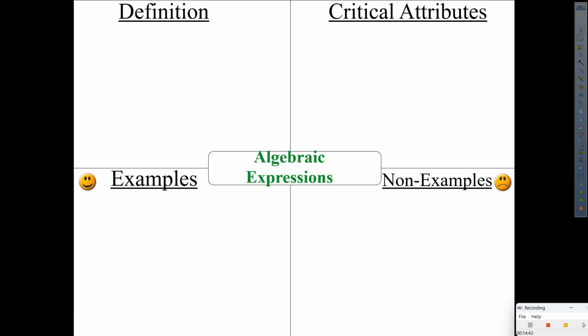All right, on your screen, give me a definition in your own words. What are algebraic expressions? Give an example and a non-example, please. One of each. Go.